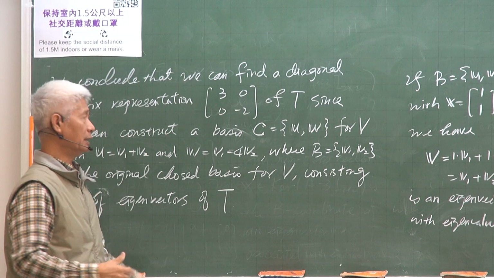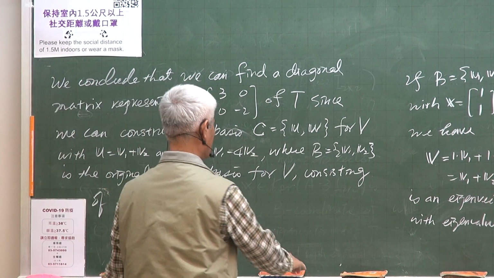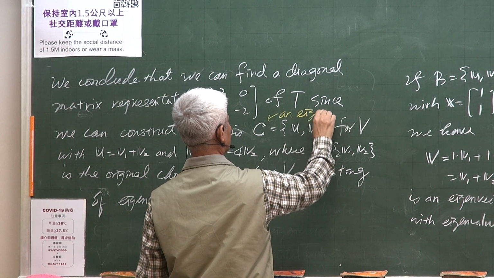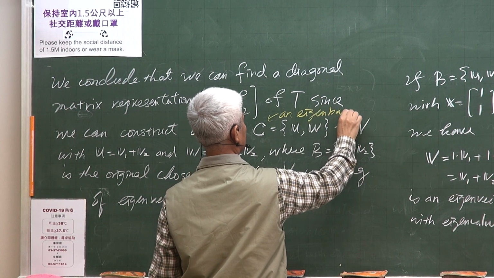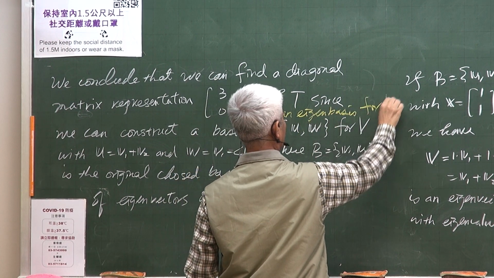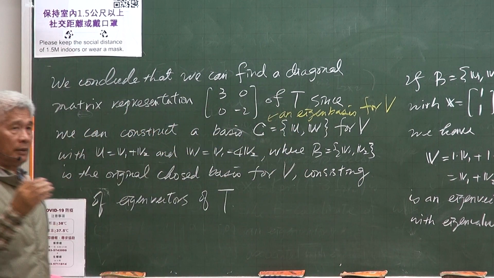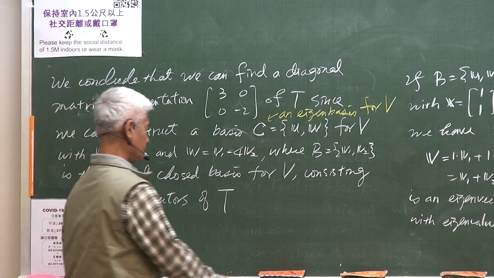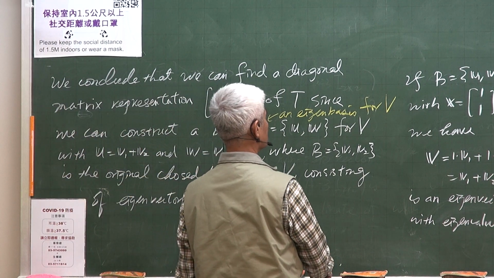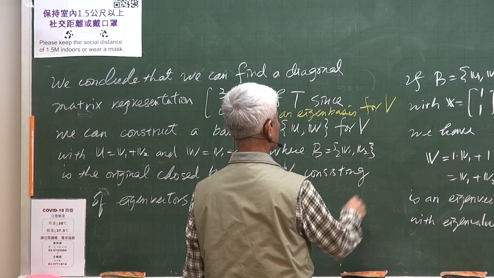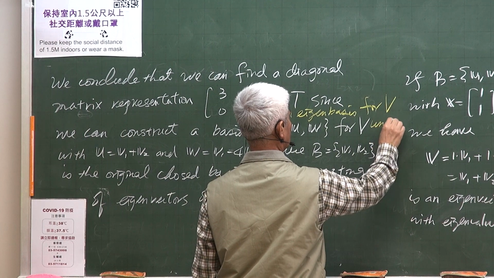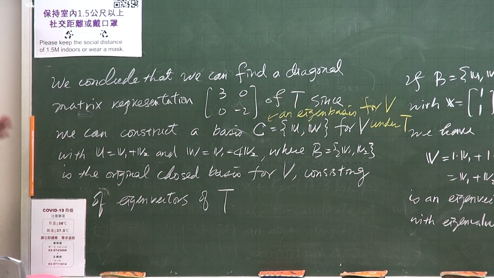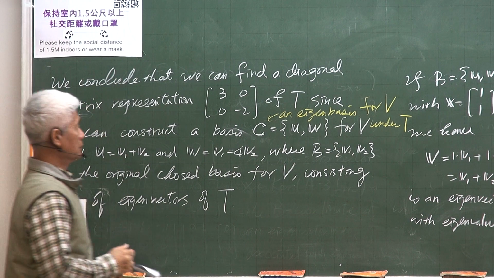So later on we will say that this one is an eigenbasis. So we have an eigenbasis for V under P.